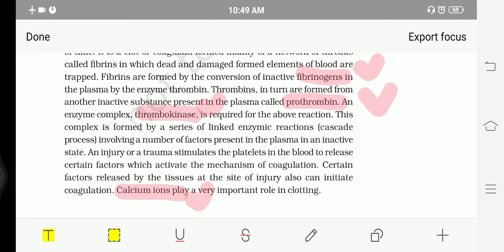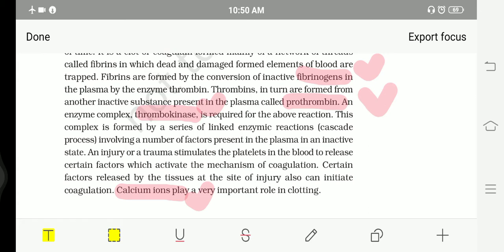The major function of thrombokinase is to convert the inactive form of prothrombin into the active form of thrombin. Then the third component is called fibrinogen, present in the blood plasma.